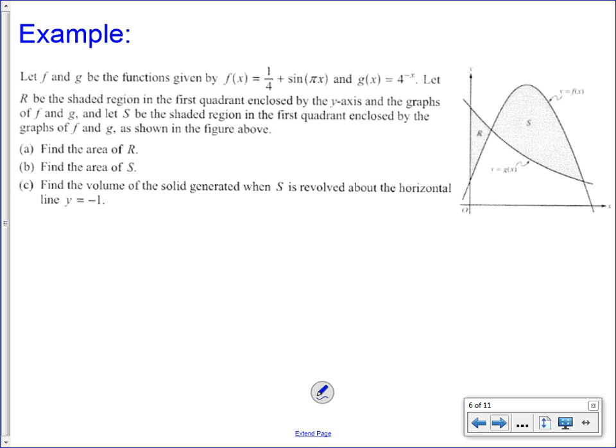Let S be the shaded region in the first quadrant enclosed by the graphs of f and g as shown in the figure above. Since we've already done some of those examples, we're going to go right to part C and find the volume of the solid generated when S is revolved about the horizontal line y equals -1. So we're only dealing with this region here.